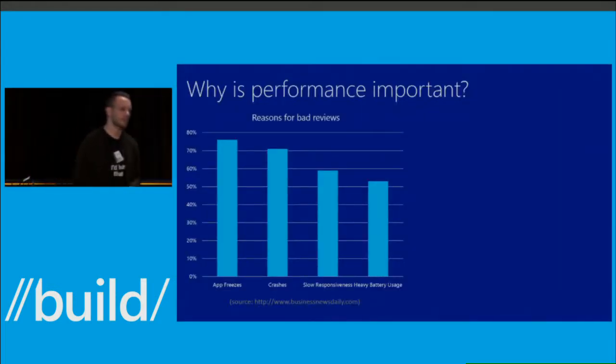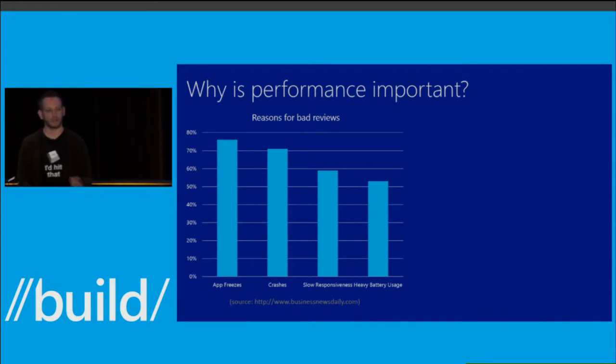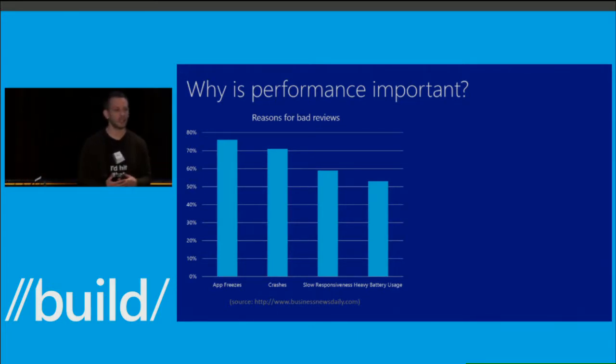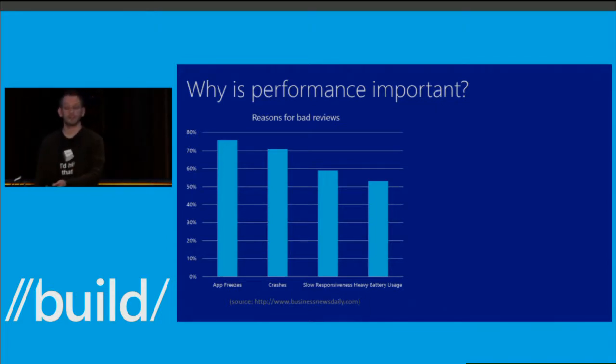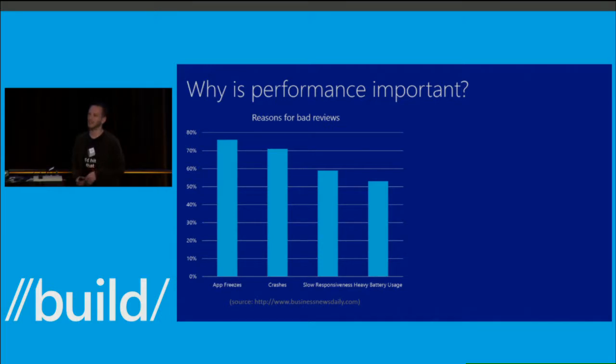Okay, so why is performance important? A lot of times I speak with companies and developers, and they don't necessarily think of performance as a feature. It's more of a consequence. Either you write your app and it performs well, or it doesn't. And you hope that it does, but maybe it doesn't, for one reason or another.